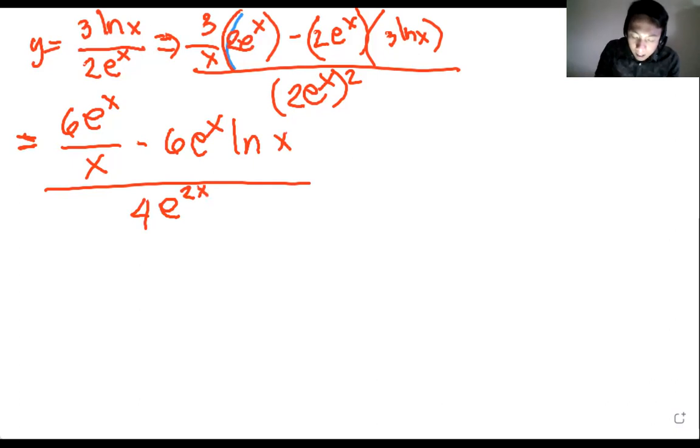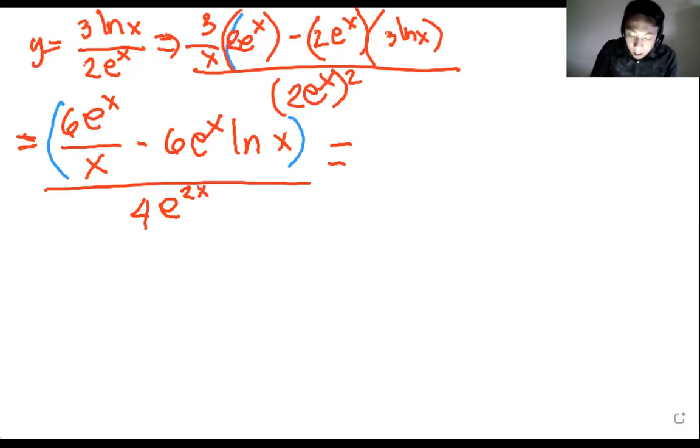Okay? Next. Let us make it more simple. Ang gagawin ko dito, I will make this one as one fraction only. Okay? Kumbaga, meron na silang same or common denominator. Okay?